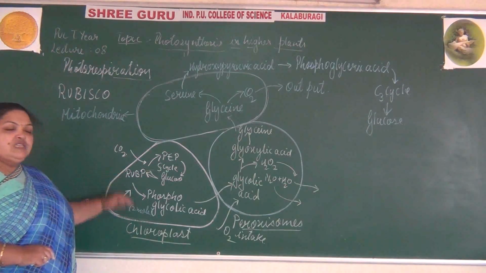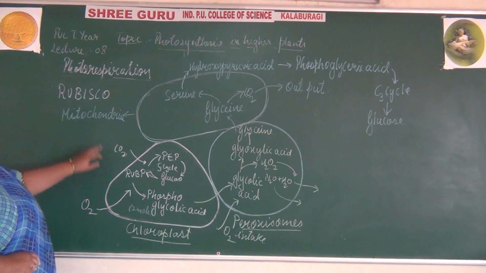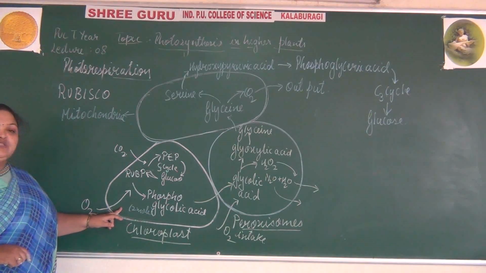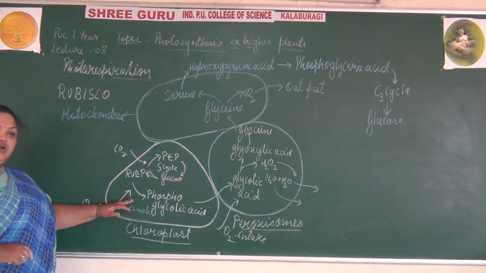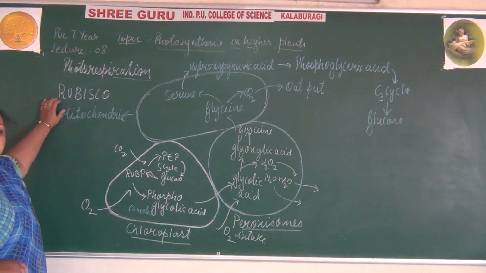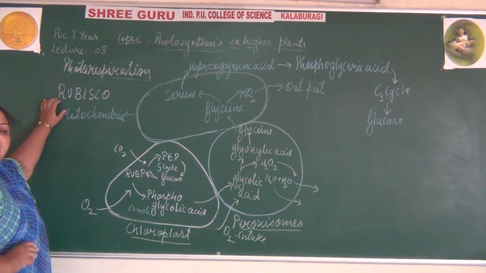But if the concentration of carbon dioxide is reduced, the Rubisco undergoes the process of oxidation. It absorbs oxygen. One thing is that this Rubisco is said to be a universal enzyme which can absorb both carbon dioxide and oxygen.